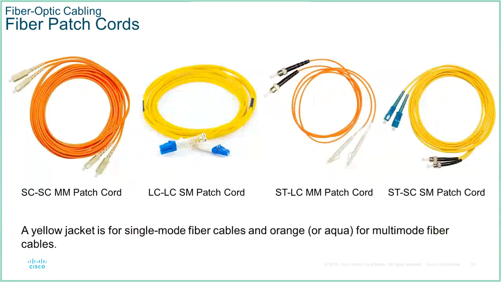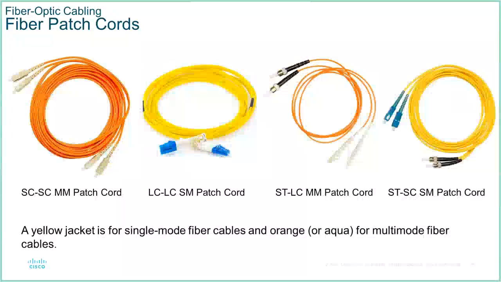So generally you have different types and different colors for representing the types of mode. In this example we have a yellow jacket for single mode and orange for multi-mode fiber.